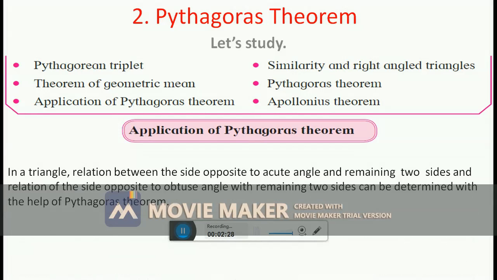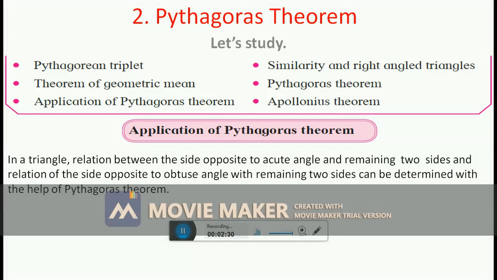Okay guys, now, in triangles, the relations between the sides opposite to the acute angles. What do you mean by an acute angle? The angle which is less than 90 degrees is known as an acute angle. The relation between the acute angle and the remaining two sides of our triangle is known as an application of Pythagoras theorem.